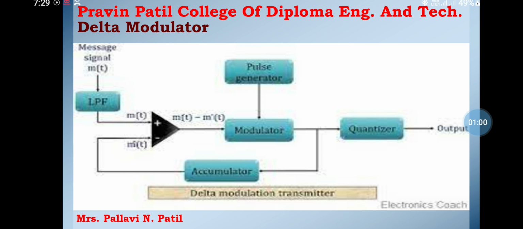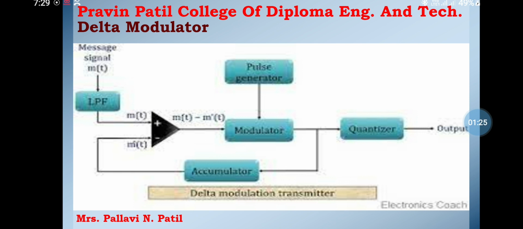Delta modulation is an analog to digital and digital to analog signal conversion technique. It is used for the transmission of voice information. DM in its simplest form is a differential pulse code modulation, where the difference between successive samples is encoded into an n-bit data stream.